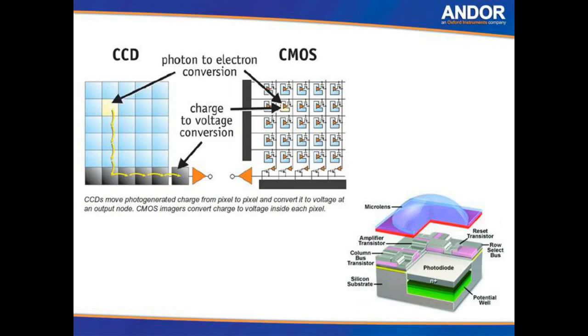Therefore, they could affect the actual photosensitive area that's available for the light to enter. So what's on top of every single pixel in your sCMOS chip is a microlens. The microlens essentially will focus the light inside the photosensitive area inside the pixel. So that's the general parameters with your sCMOS chip.